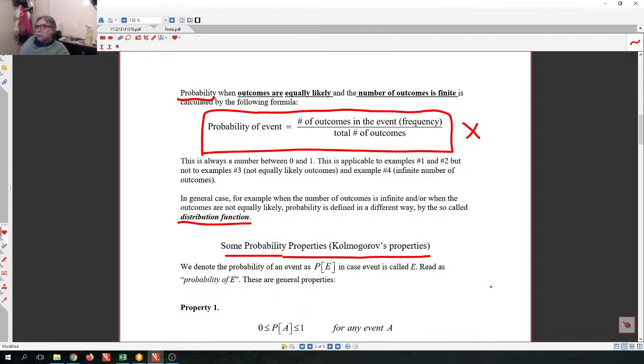This was defined, or found out, if you like, in 1930, when Kolmogorov, if I would try to pronounce the Russian, wrote his book Foundations of Probability, I think. That's the name of the book.